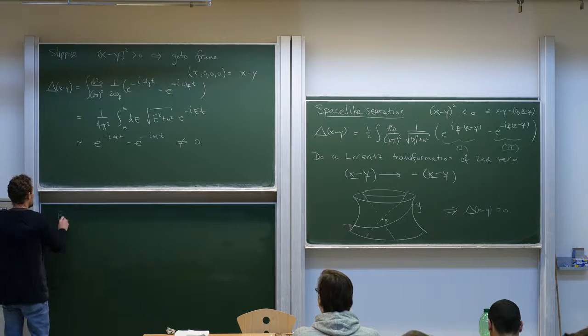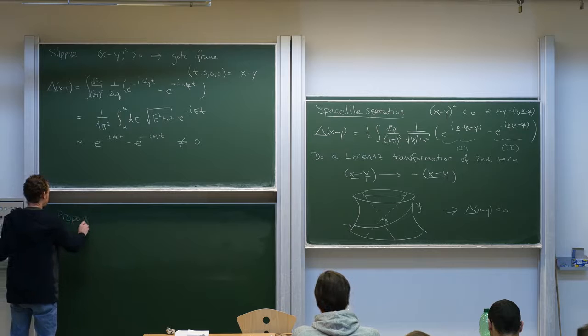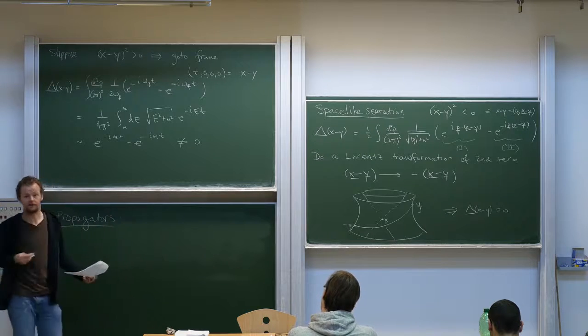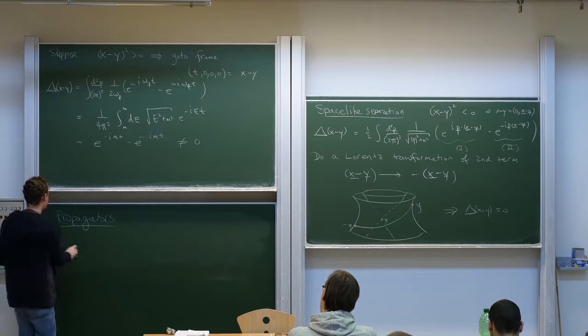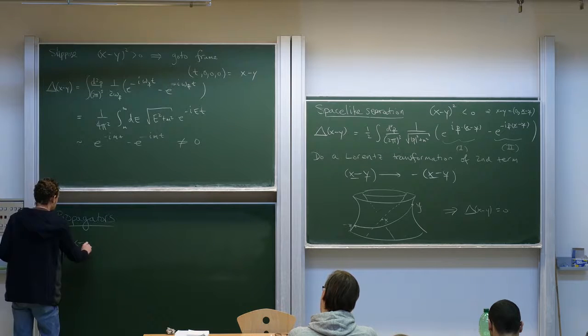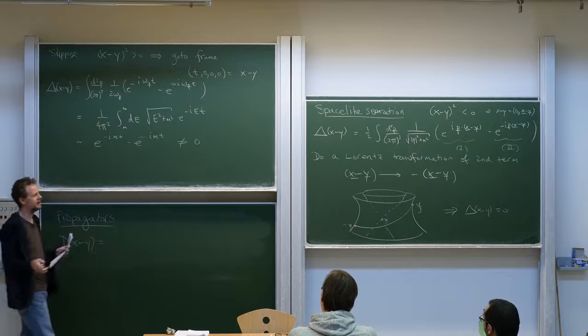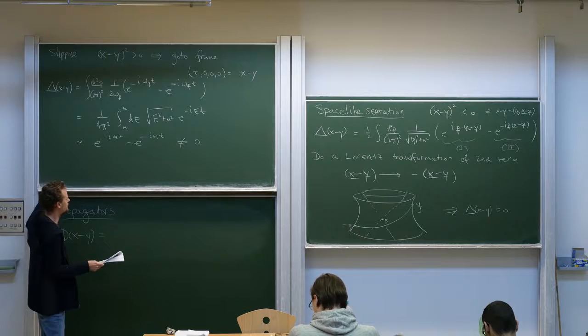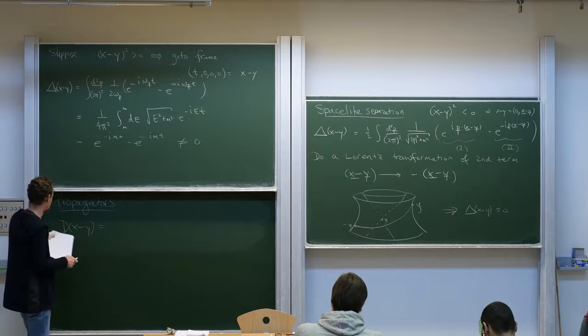Okay, I want to return to this non-physical correlation function D(x,y), because it's going to play a role not directly as a result of an experiment, but as an intermediate quantity in our calculations, especially when we do interacting quantum fields. We're going to need this quantity.